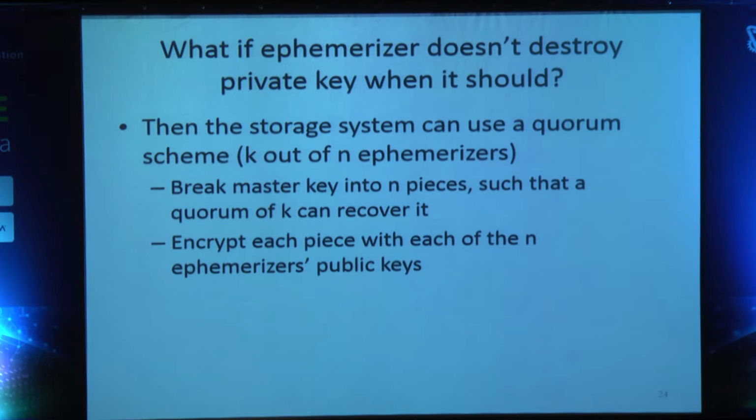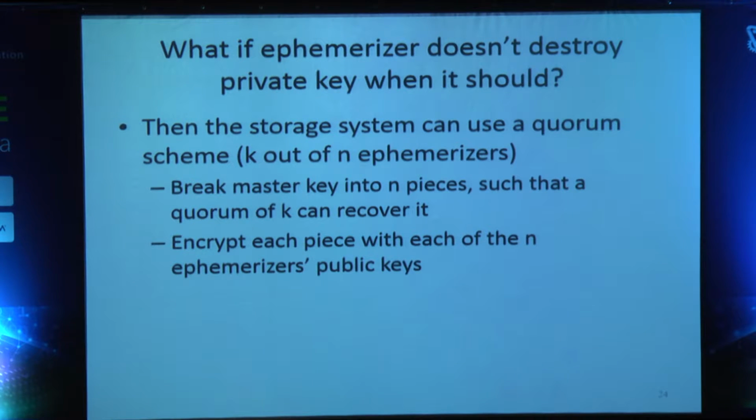So now, of course, everyone worries about, what if the ephemerizer doesn't throw away the private key when it should? For that, there are schemes known as quorum schemes, where instead of taking the S1 key and encrypting it 20 times, you chop it up into 20 pieces such that it requires some quorum, let's say 3, to be able to recover it.